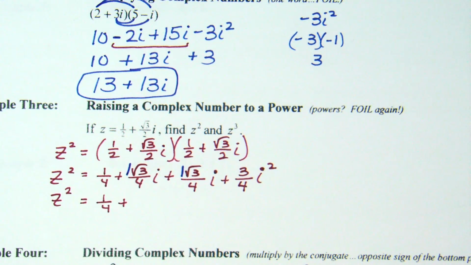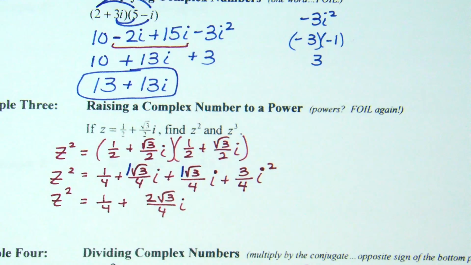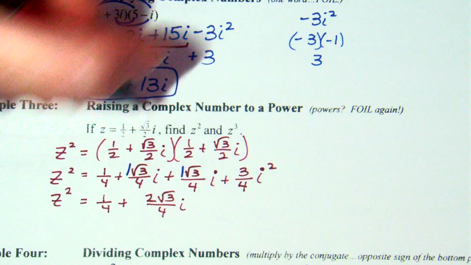Now, what do you know about plus 3/4 i squared? i squared is -1, so instead of plus 3/4 i squared, I'm going to just say minus 3/4. Are we okay there? Because now I'm just down to final cleanup.